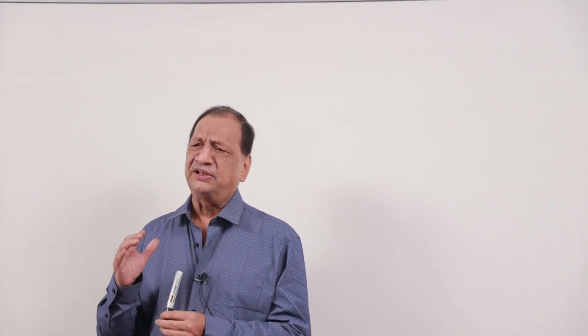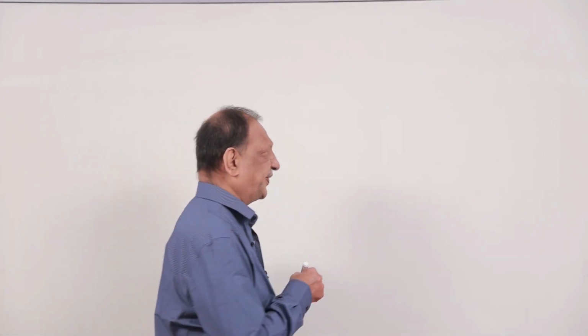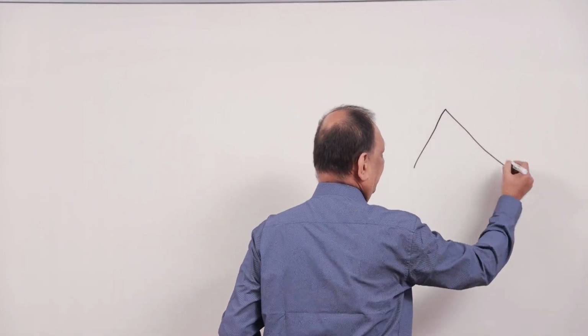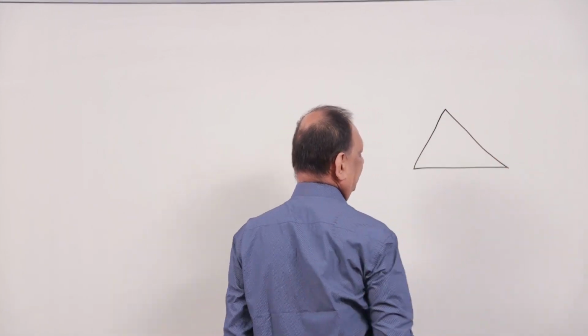So now I'll start with one age-old problem that the Greeks had when they started doing measurements, geometry. One of the problems was finding the area of a triangle, of course. All of us know the area of a triangle. We know the formula.